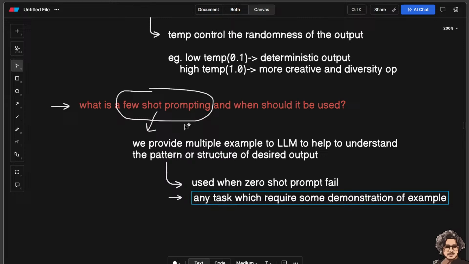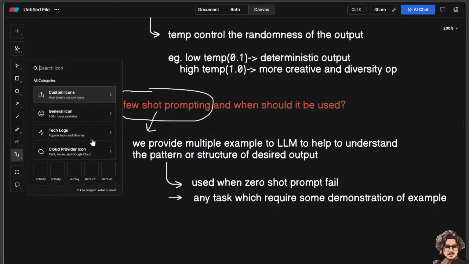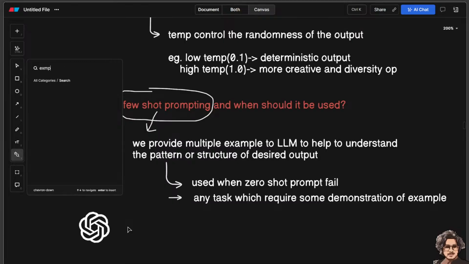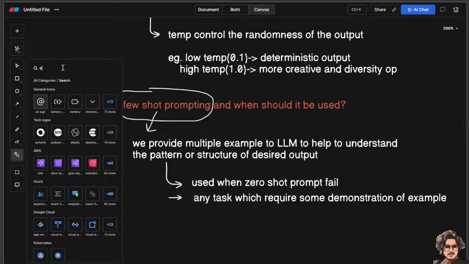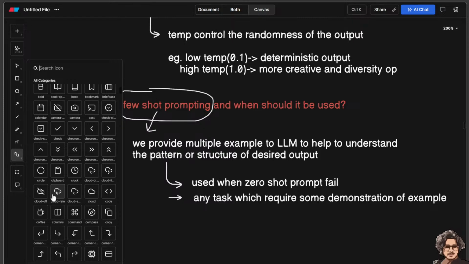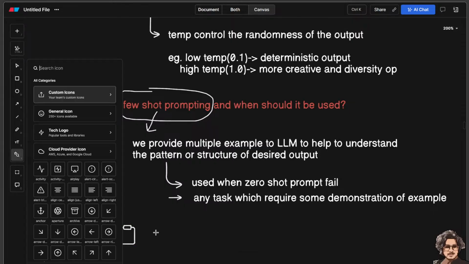This means that few-shot prompting is used. We provide multiple examples to the LLM to help it understand, so we have to give some examples for the LLM to understand and return the best output.